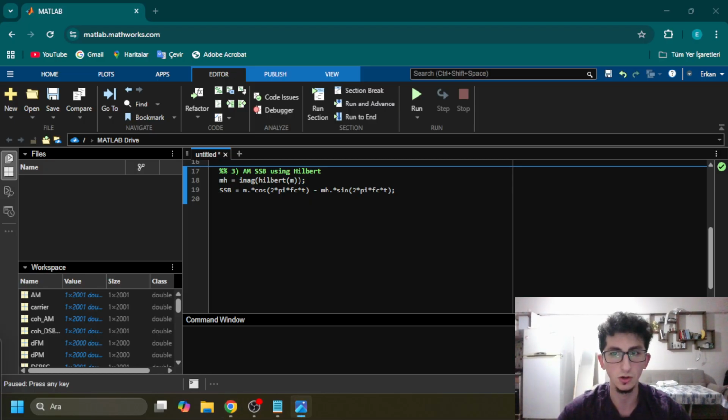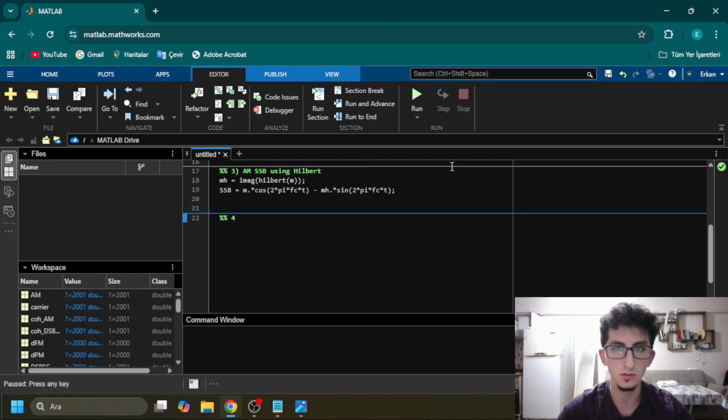And also I'm gonna continue with the fourth step, and it's gonna be, let me write it. Fourth one is envelope detector for AM.